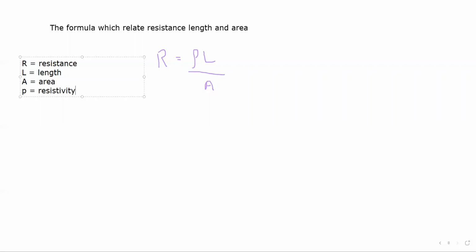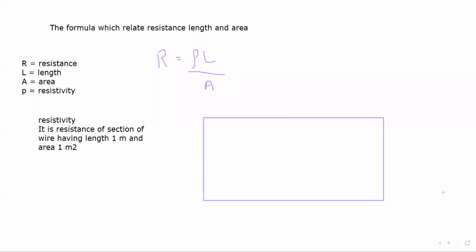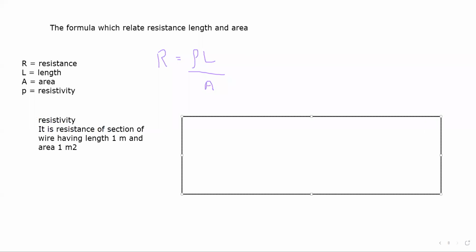What is the meaning of resistivity? Resistivity is the resistance of a section of wire having length 1 meter and area 1 meter square. For example, this is a wire, the full metal wire, and say it has a resistance of 100 ohms.